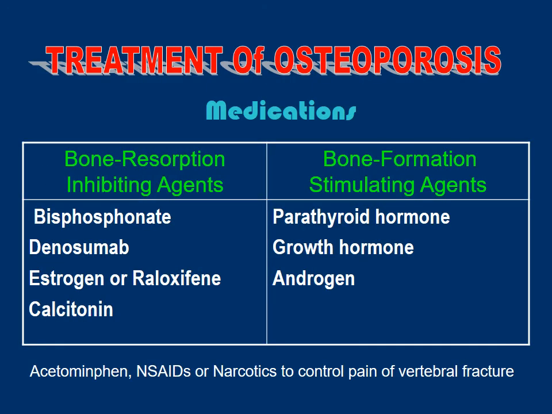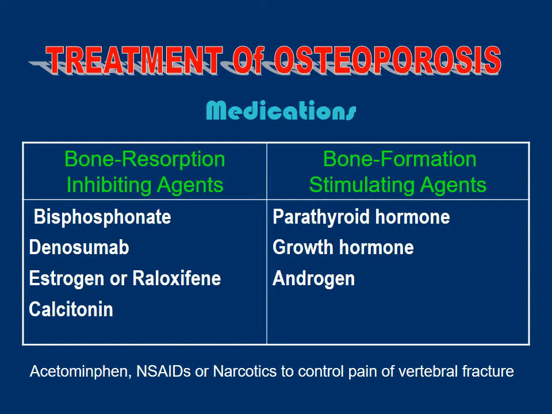We can classify them into bone resorption inhibiting agents, that is anti-resorptive drugs, which inhibit the resorption of the bone, and bone forming or stimulating agents that help in new bone formation. The anti-resorptive drugs include the bisphosphonates, denosumab, the hormone replacement therapies, oral estrogen or raloxifene, and calcitonin.